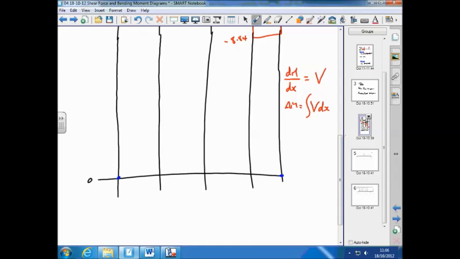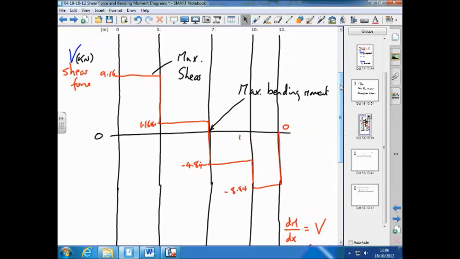And as we see when we look at the calculus, this in fact turns out to be the area under the shear curve. So that's important. The calculus is not so important as recognizing that the change in moment is the area under the shear curve. So if we go back to our shear curve, this area here gives me the change in moment between this point and this point. So I calculate this area.